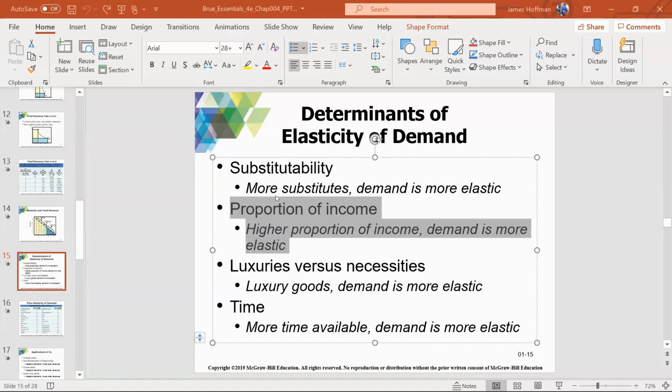Something that would be a high percentage of your income spent. Like if you were to take a big vacation and all of a sudden that vacation got way more expensive, you might cancel it. Or if you're going to buy a new car and the car went up in price a lot, you either don't buy the car or buy a different car. So things that take up a big portion of your income, like those examples, would be more elastic.